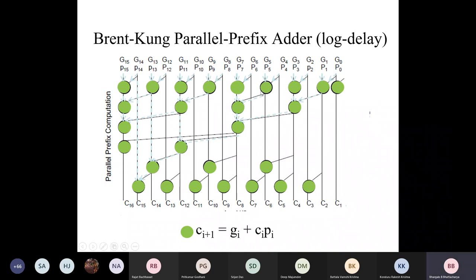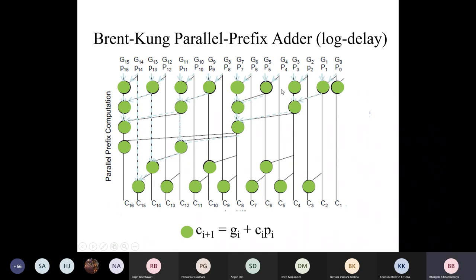So let us replace this AND operator by simply this logic module. And suppose your inputs are these G's and P's. Okay, so each module has two inputs. It accepts these G's and P's. And you can see that this is the same structure that you have seen in the previous slide.